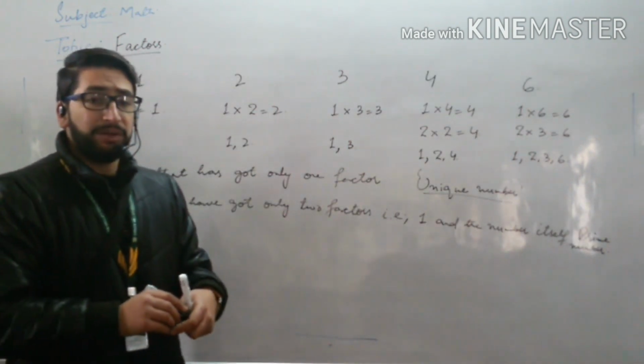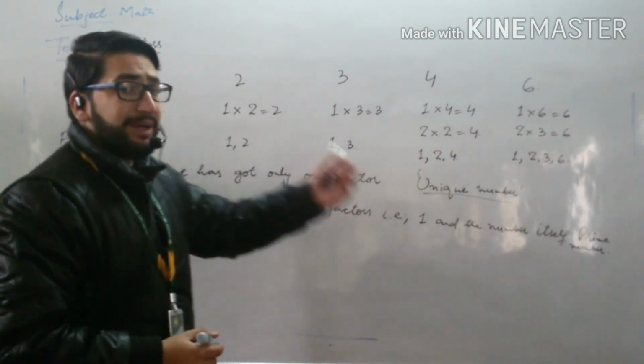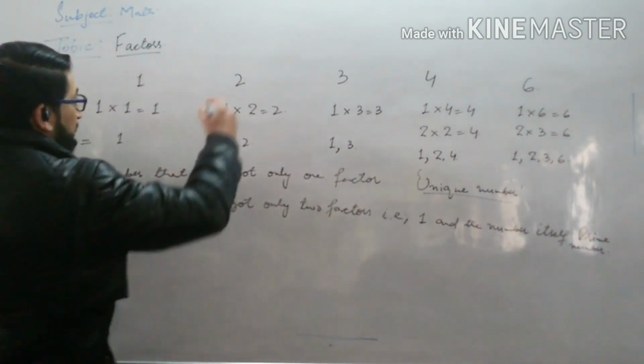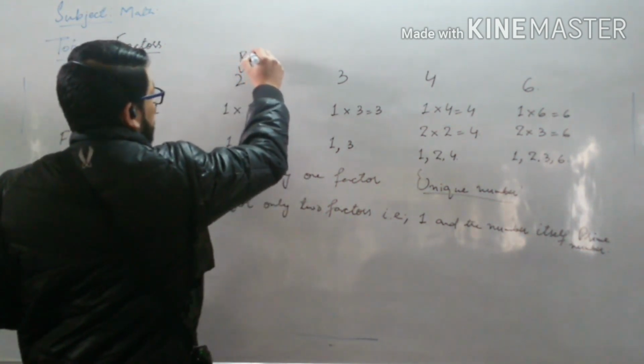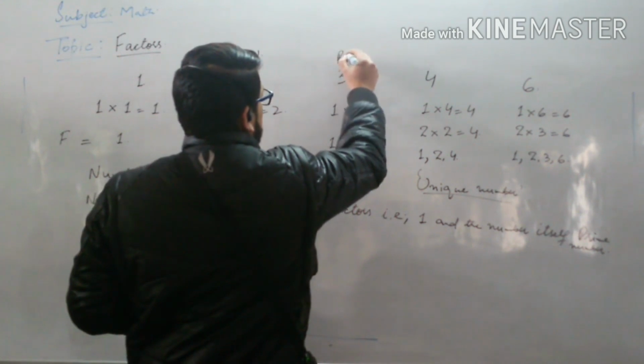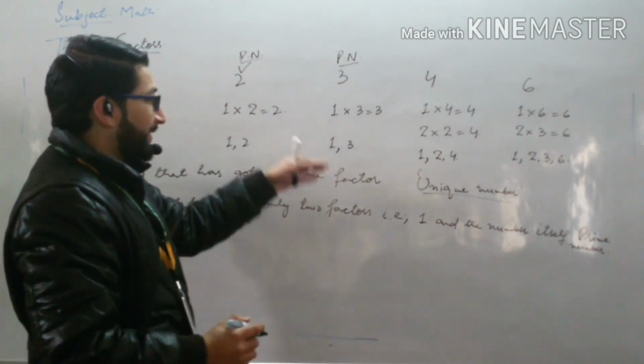So in that case here this 2 is a prime number. This 3 is a prime number because both numbers have got only two factors, 1 and the number itself.